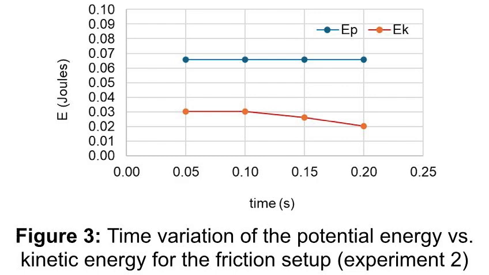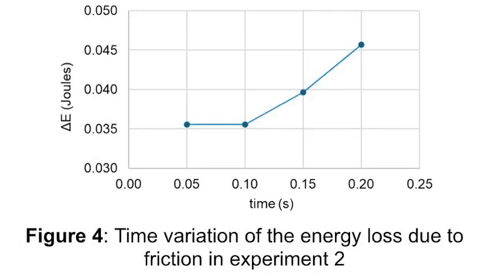This also illustrates how friction transforms mechanical energy into other forms, like heat, reducing the kinetic energy of the puck. And in the final graph, we can see that as the puck starts to move, the energy loss is minimal, but over time, as friction continues to act on the puck, the energy loss increases.